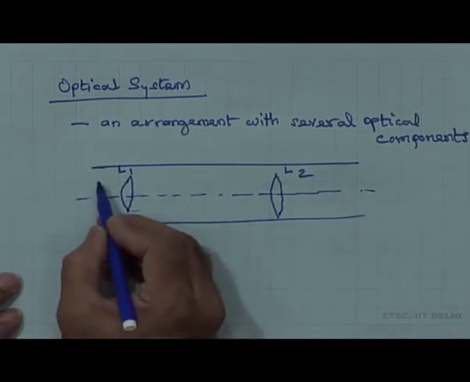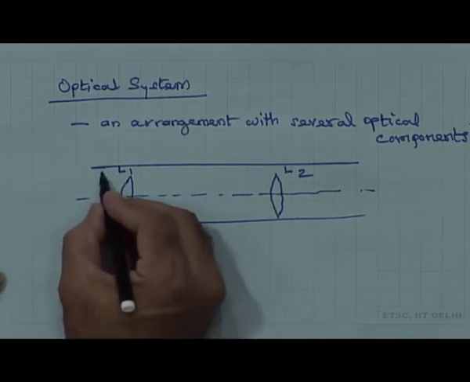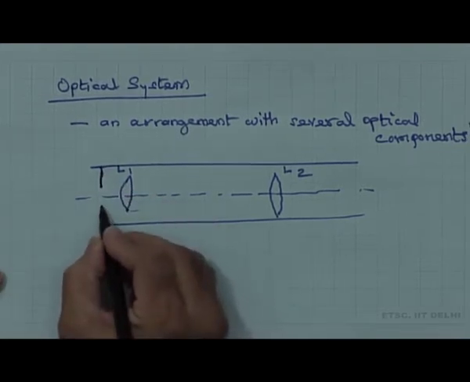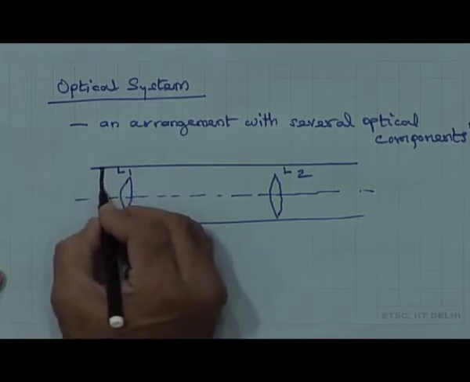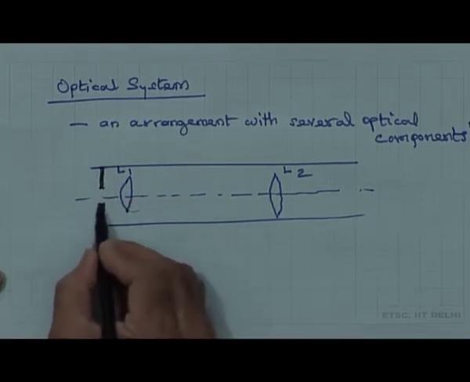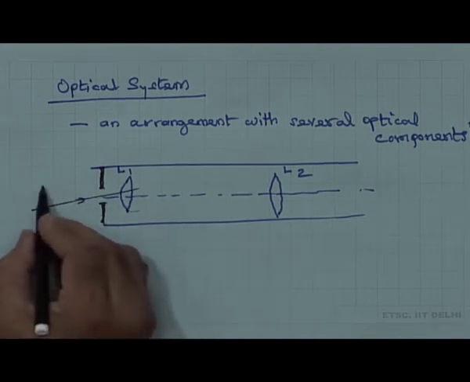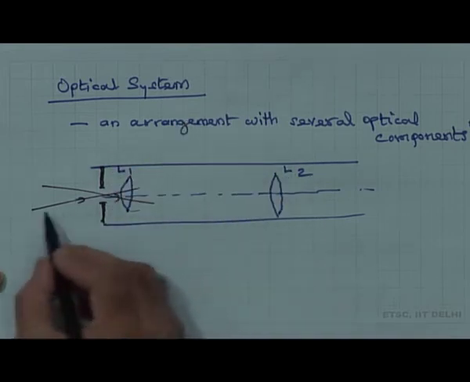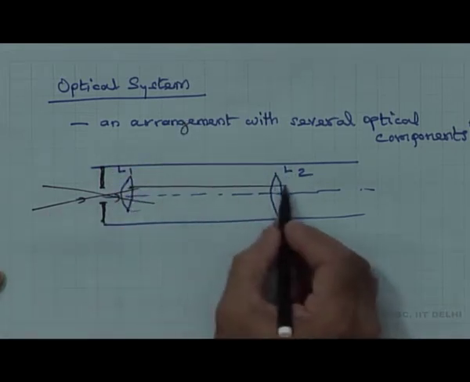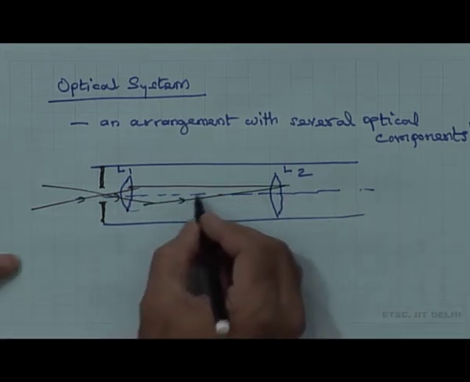So, if you have an input aperture, a block here, which restricts the extent over which light can enter this system. For example, light enters this system. If I make a small aperture and light enters, it may travel whatever way, I am just showing some rays.